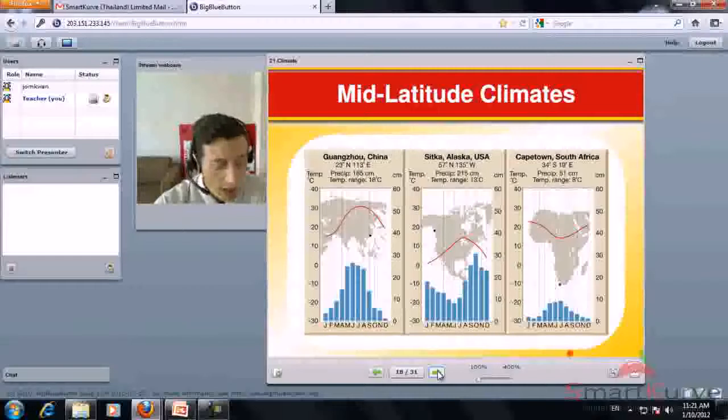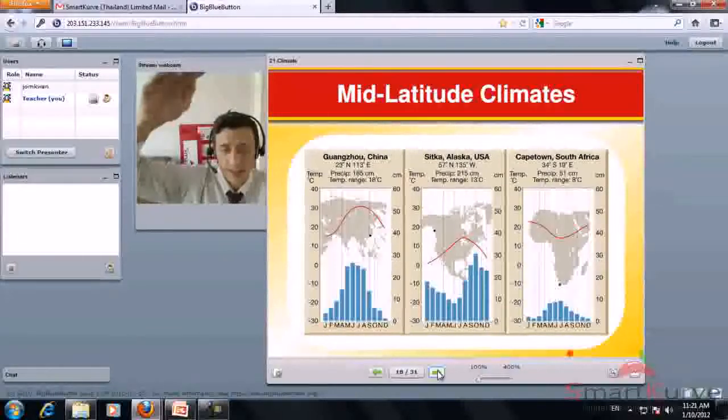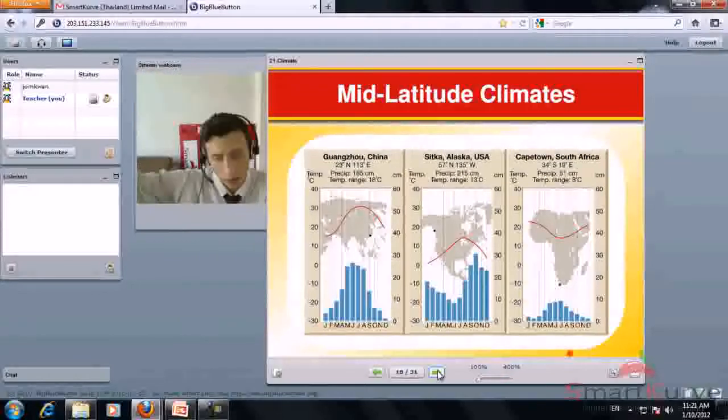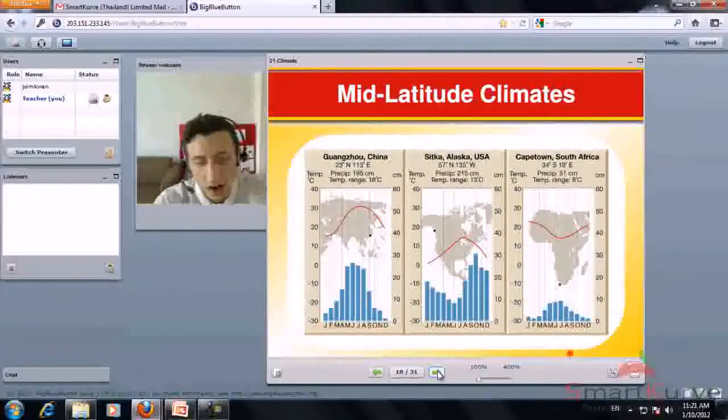So notice we get our highest precipitation in summer. And notice that our precipitation peaks before the temperature peaks. Our highest precipitation, the highest rain, comes in June, but the highest temperatures come in August. So our precipitation peaks in the early summer, and our temperature peaks in late summer.